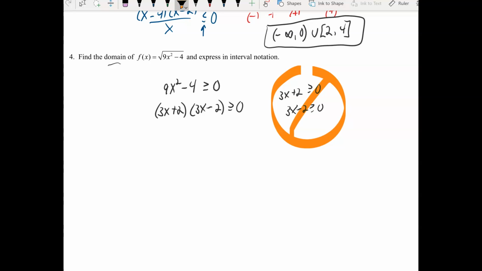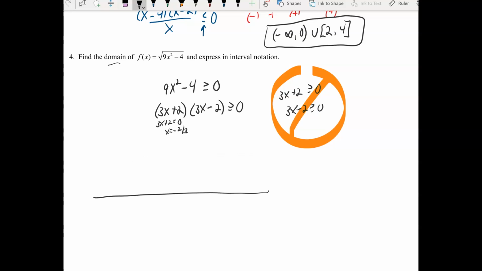All right, what we want to do is analyze each of the zeros separately on a number line. So we're going to make the number line. We're going to put the 0 for the first one, 3x plus 2. We're just going to find the 0, just as an equation. And that's going to give us negative 2/3. I'm going to move my number line down a little bit so I have a little more room to work.